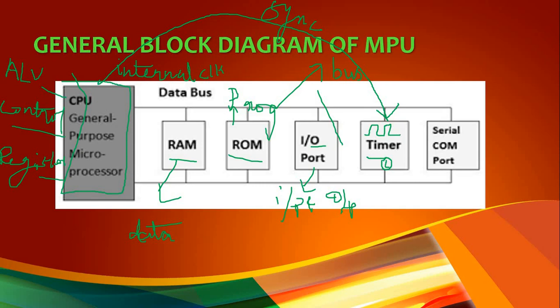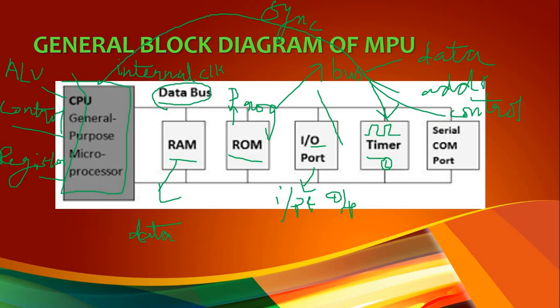There are three types of bus. One is the data bus, another is the address bus, and another one is the control bus. The data bus will carry only data between the computer and the other peripherals.